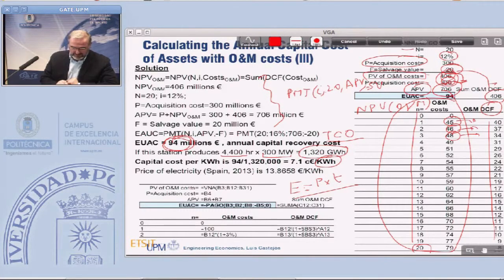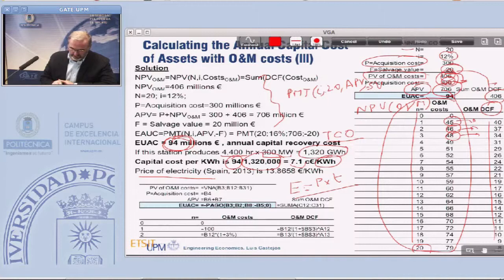So if we divide the annual cost of 94 million euros by the total gigawatt hours per year, we have a capital cost for using this power station of 7.1 centi-euros per kilowatt hour. Just to compare with, this is a very real number, because you can consult the web page of any electricity company in Spain for the price of electricity.